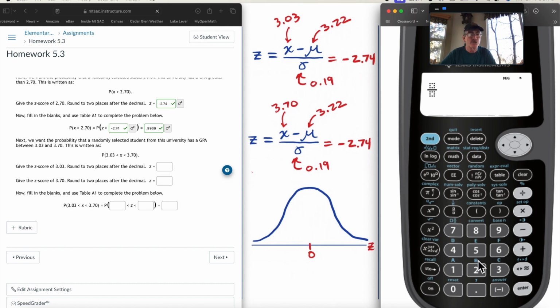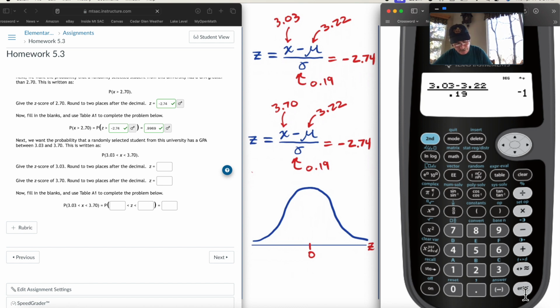Okay, so first 3.03 minus 3.22, which is the mean, and then divide by the standard deviation of 0.19. Okay, and so that comes out amazingly as exactly -1.